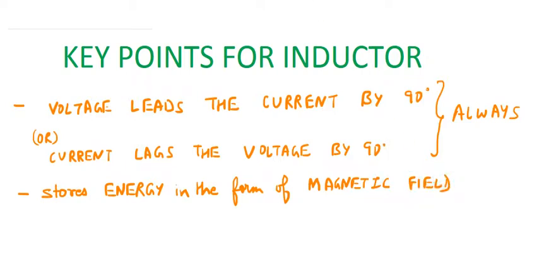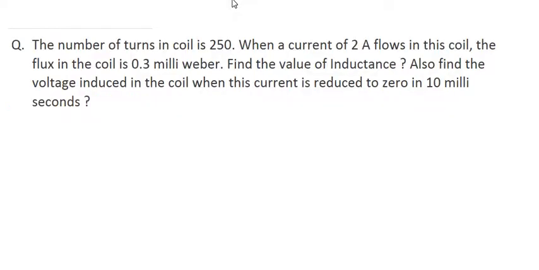Now, there is a question for you. The number of turns in the coil is 250. When a current of 2 ampere flows in this coil, the flux in the coil is 0.3 milliweber.